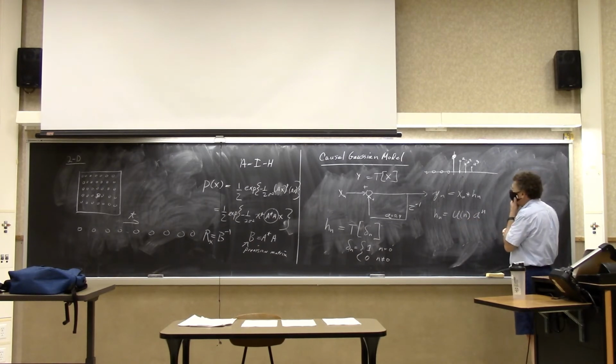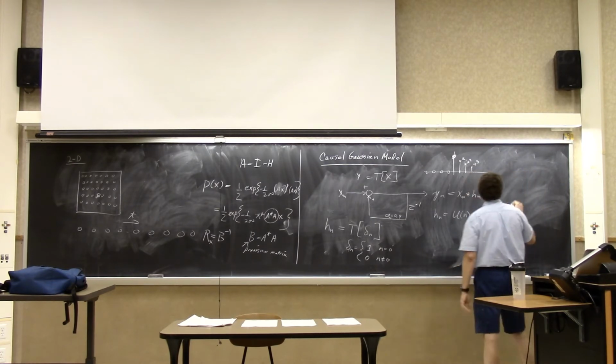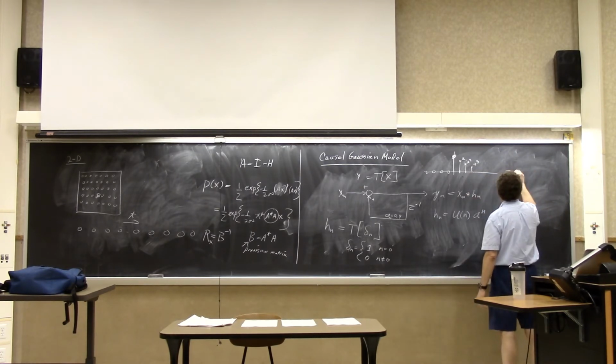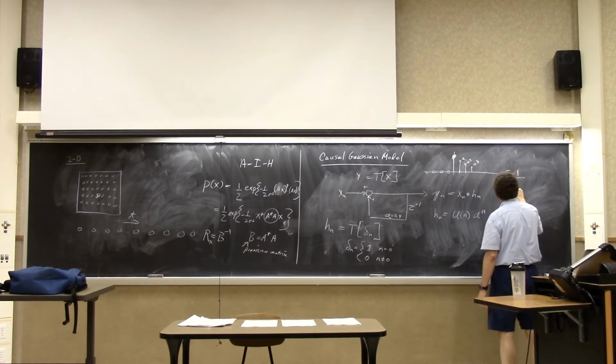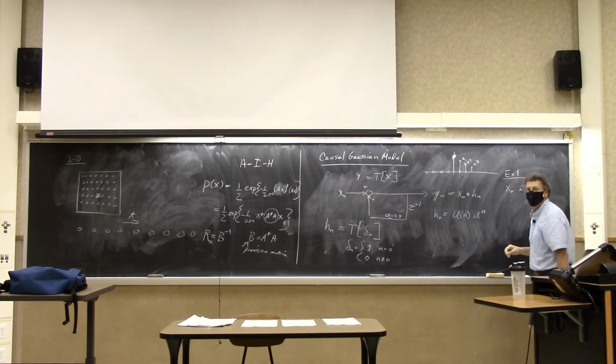Now, okay, what was my point? Here, example 1: let's say x[n] is IID. What does IID mean? Independent, identically distributed.